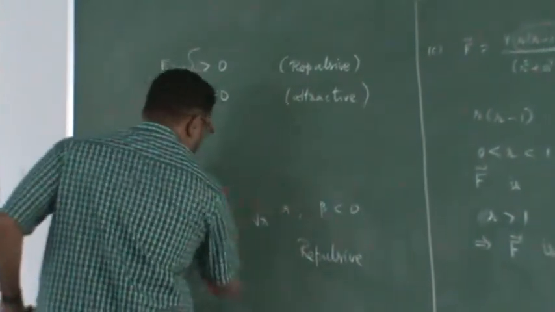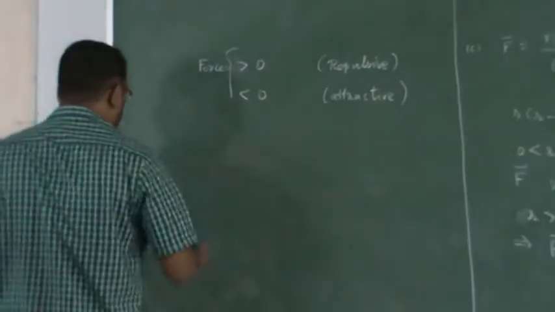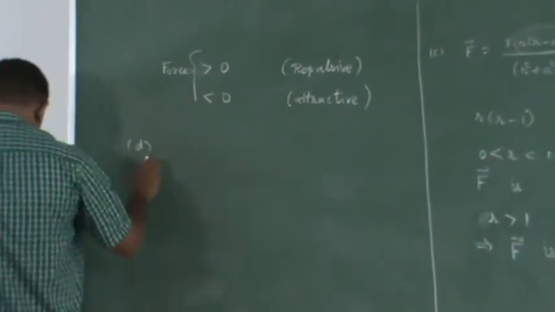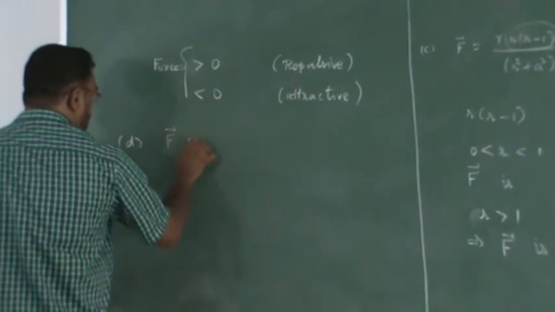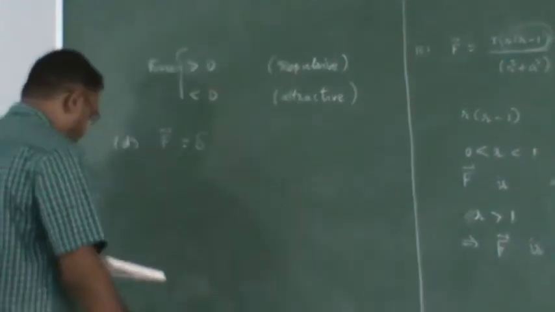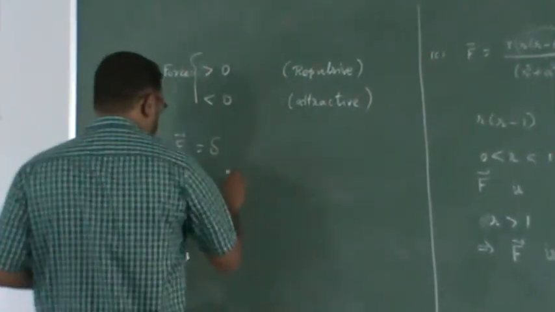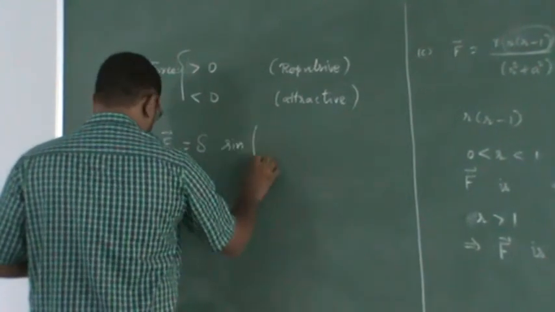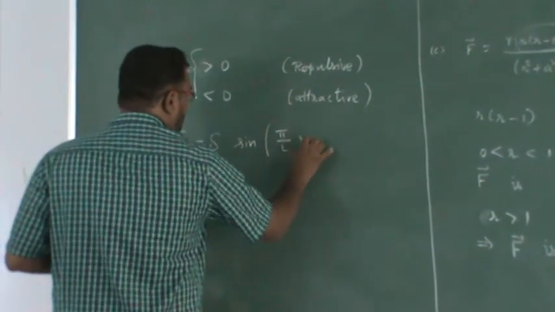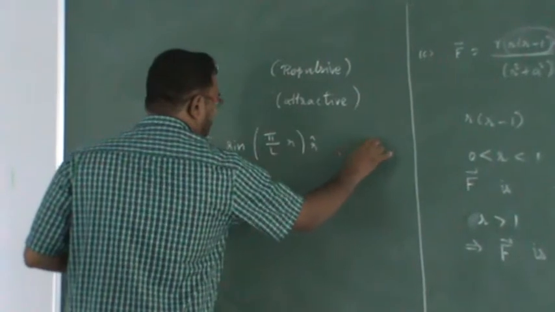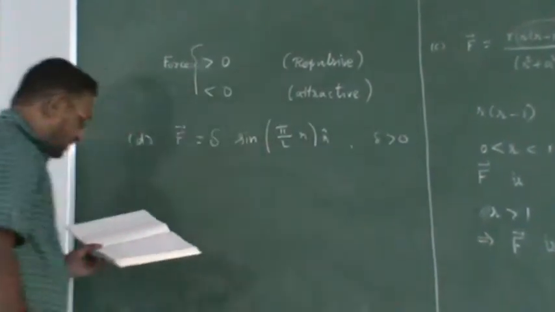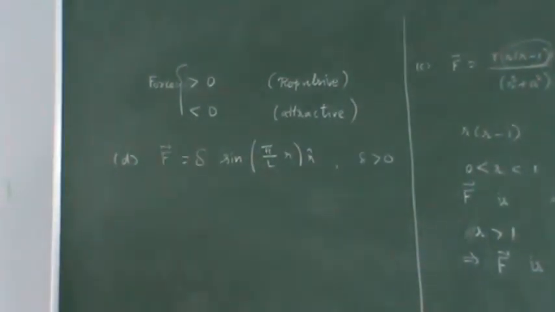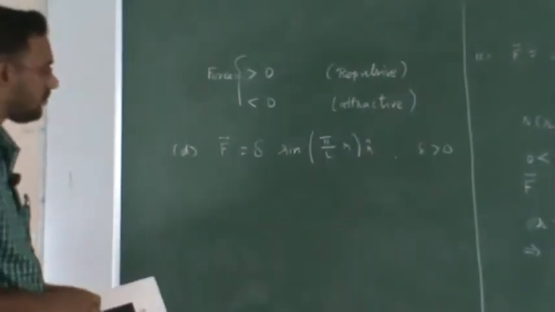Finally, we have one more. The F vector is equal to some constant that is greater than 0, sine of pi by l r, r cap, and l is greater than 0. Mr. Naina, sorry to interrupt. I think we can have one more case. R less than 0.